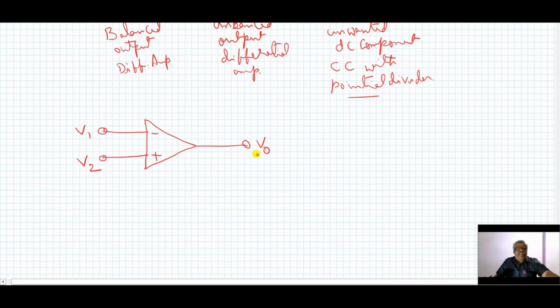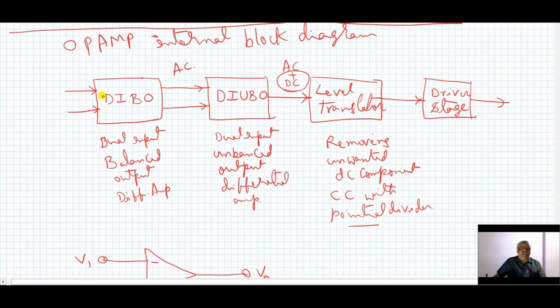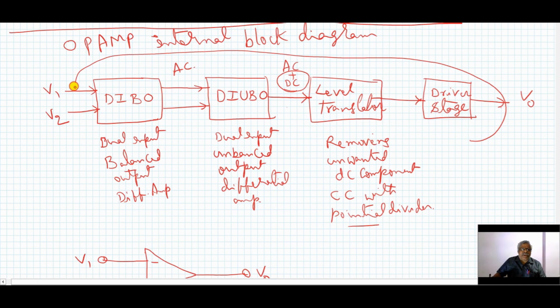So in the block diagram there are two inputs, V1 and V2. The final output after the driver stage is V0. All these blocks are kept in the triangle. So the entire circuit has only two input signals and one output signal.